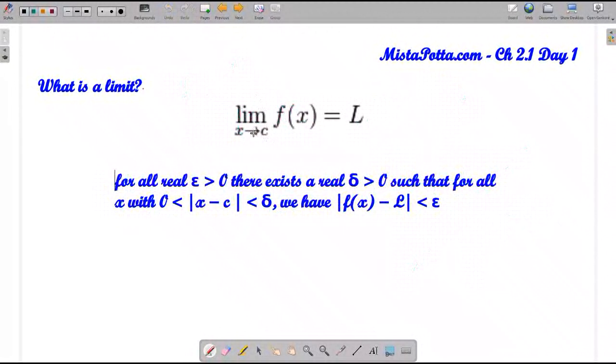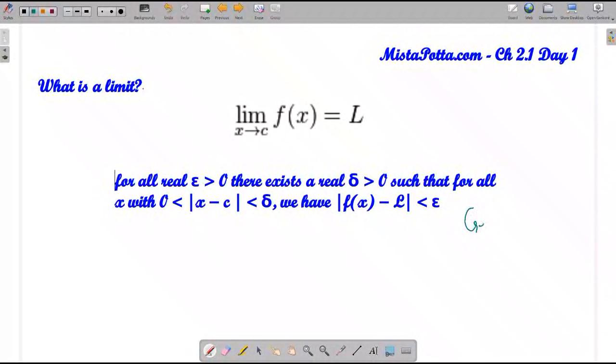We say the limit of f of x as x approaches c is equal to some value L. And what this means is for all real epsilon greater than 0, there has to exist a real delta value that's also greater than 0, such that for all x with 0 less than the absolute value of x minus c less than delta, we know that the absolute value of f of x minus L must be less than epsilon.